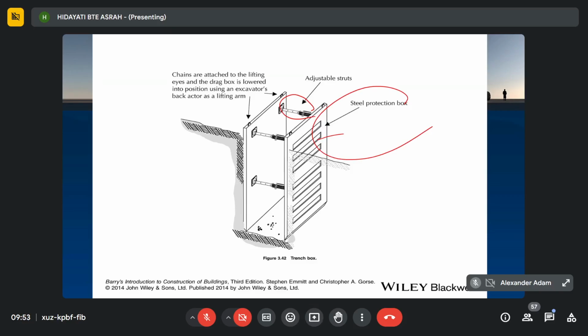And last is the plate lining system. This one consists of rectangular plate support. You can see there's a plate support here, also with the adjustable strut. The plates are slotted in each vertical section.